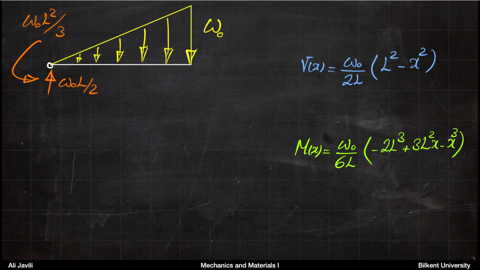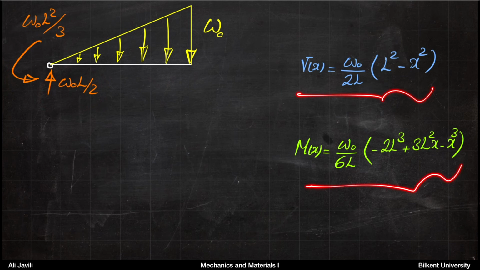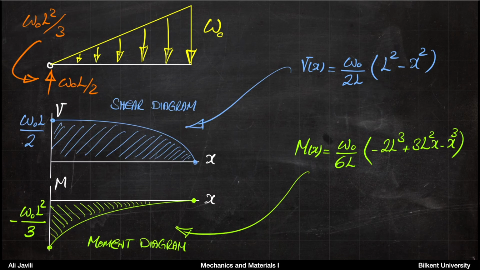All right, so if we want to summarize everything, this is the beam, we have the reactions at the supports, and we have the functions for the shear force and for the moment in terms of x. So all you have to do now is to draw the diagrams. This is fairly simple.